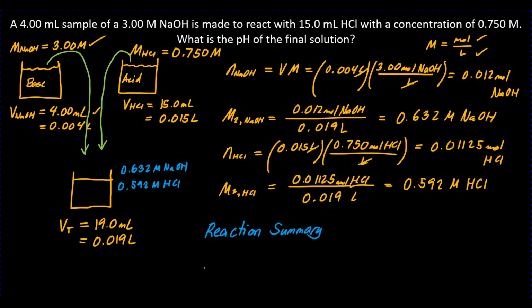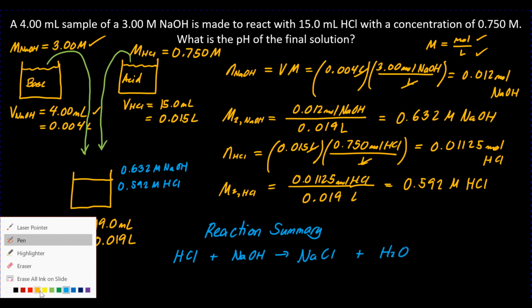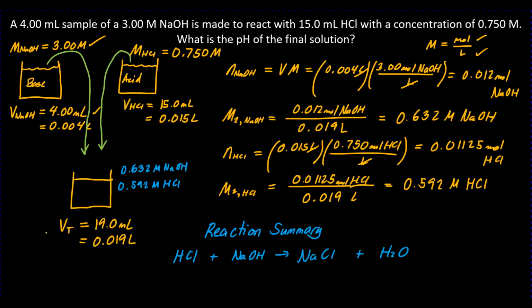But first we need to know the chemical reaction equation for this acid-base reaction, and that's going to be an acid reacting with a base produces a salt and water. We're going to use the next page to continue the computation.